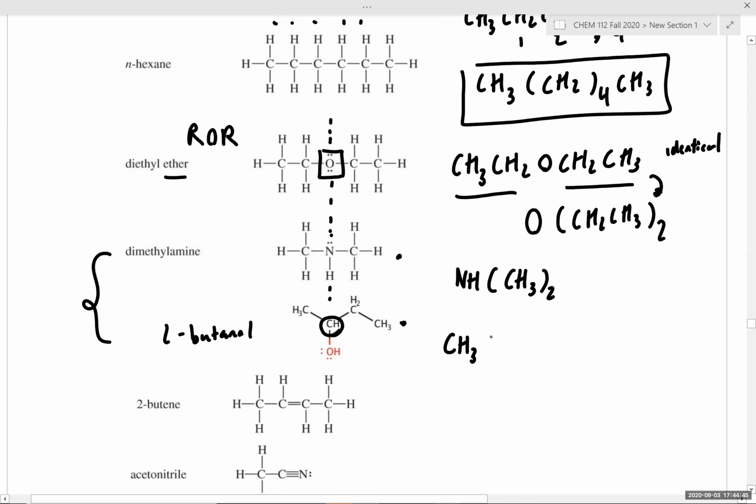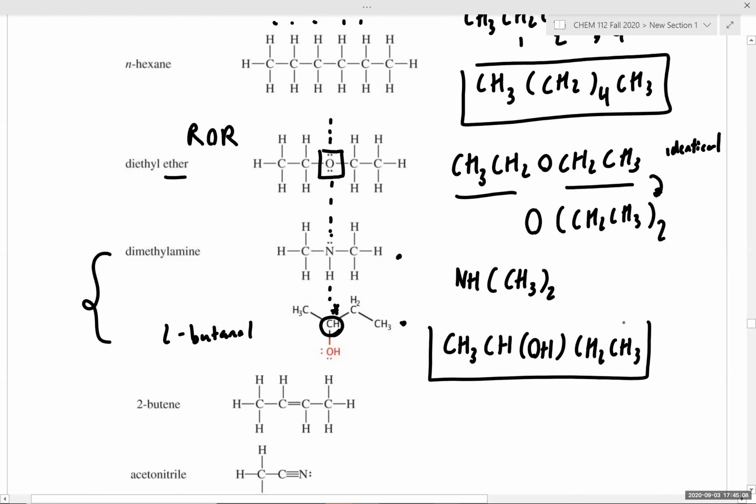first, attached to our CH functionality, we put our attached groups that aren't part of our main chain in parentheses, and we write the formula. So we have CH3, CHOH, and then we write the rest of our chain, which would be CH2, CH3.